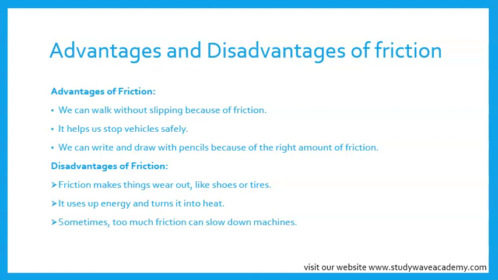Disadvantages of friction. Friction makes things wear out, like shoes or tires. Friction between surfaces can lead to wear and tear. It can wear down the soles of shoes or the treads of tires.